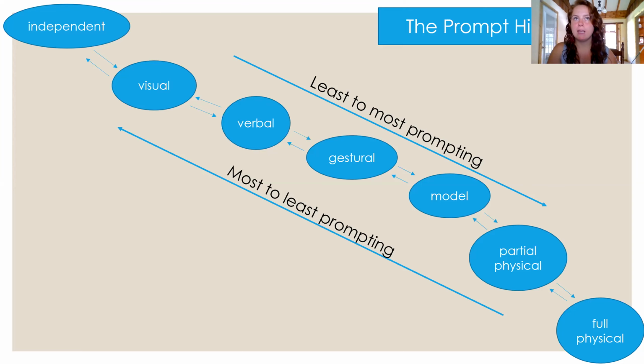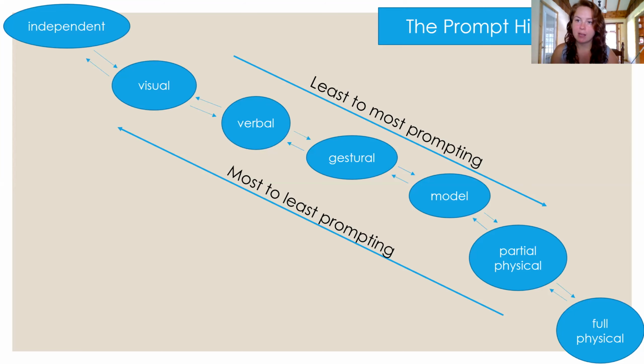So if you were running an intraverbal fill-in target where you want the learner to fill in a response after you say something, you may say, you wash your hands with, and you want the learner to say soap. So in a full verbal prompt, you're going to say, you wash your hands with soap, and then they're going to repeat soap.